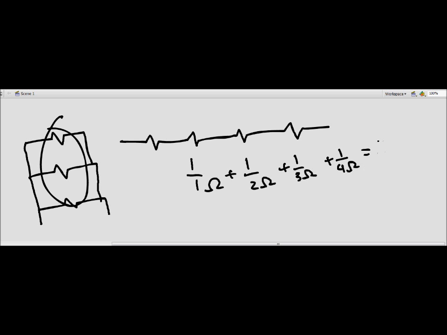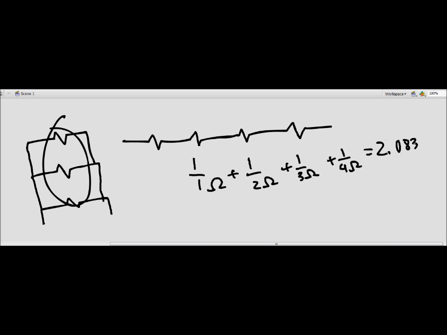And the answer that we get from that is 2.083. But there's a problem. We have this answer, yes, but that's technically over ohms because we have just a constant up here and ohms as the unit on the bottom. So ohms is still on the bottom. What we're going to end up having to do is realize that this is actually 2.083 over 1, or basically just take the inverse of that.